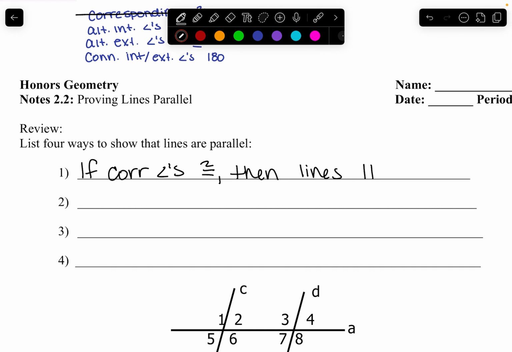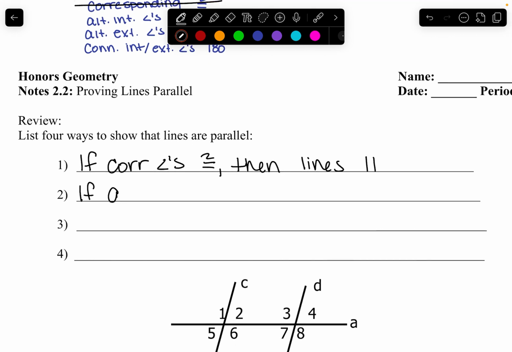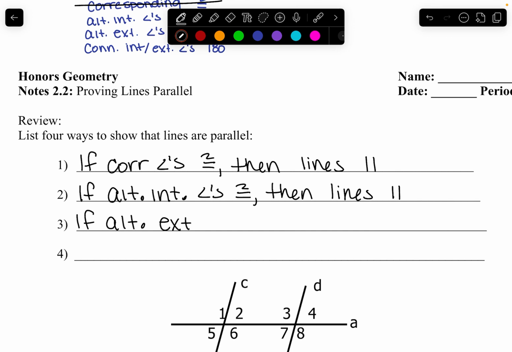Next, we are going to look at our alternate interior angle. So we're going to say the same thing. If alternate interior angles are congruent, then lines are parallel. Again, if alternate exterior angles are congruent, then lines are parallel.